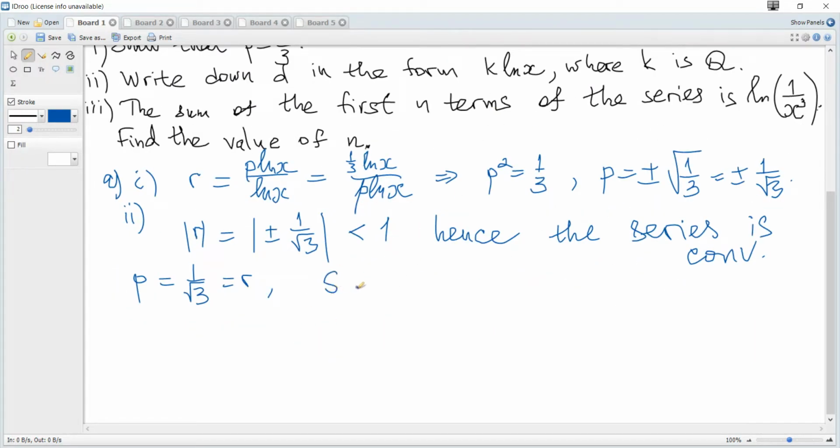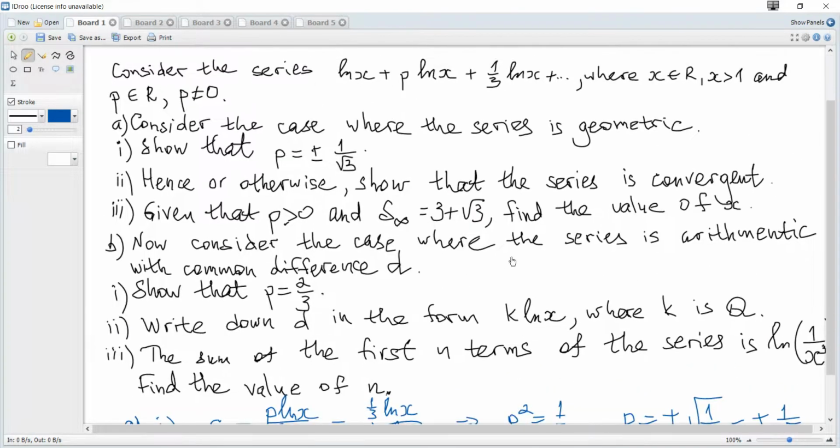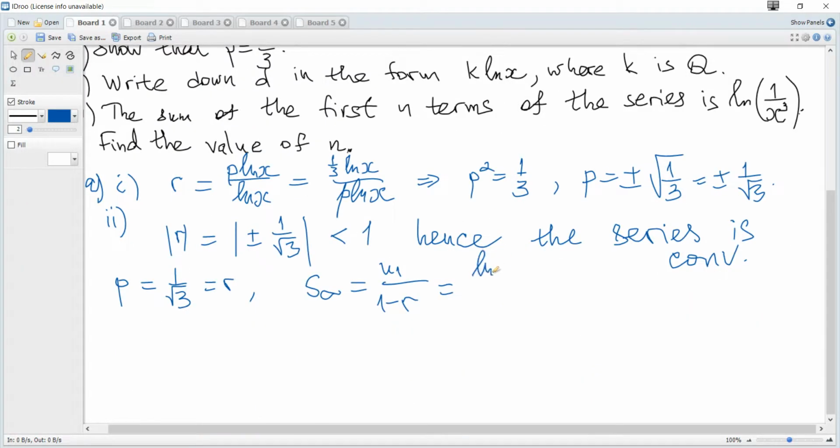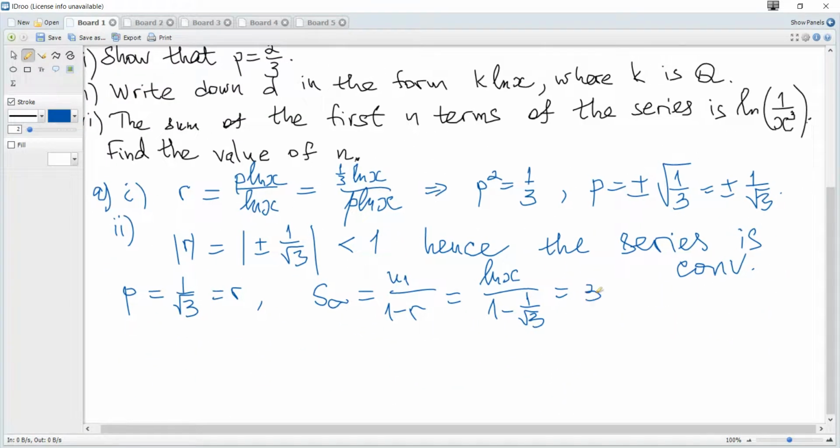The formula for the sum to infinity is given in the data booklet, and it looks like the first term divided by 1 minus ratio. Hence the first term is ln x, 1 minus ratio, which is 1 over root 3, and it is given that it's 3 plus root 3, and we need to solve for x.